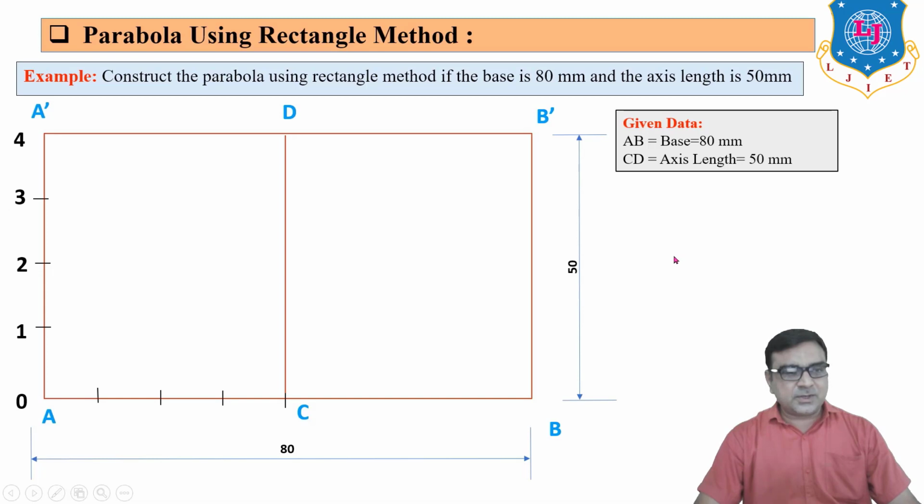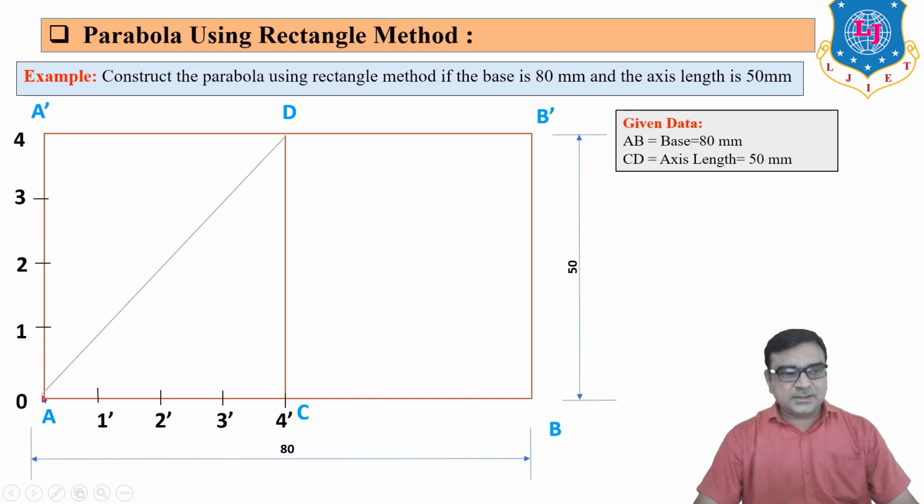Give the names 0, 1, 2, 3, 4 and 0, 1 dash, 2 dash, 3 dash, 4 dash. Now here A, B and D are points of the parabola, and we want to draw the parabola which is passing through A, D and B.